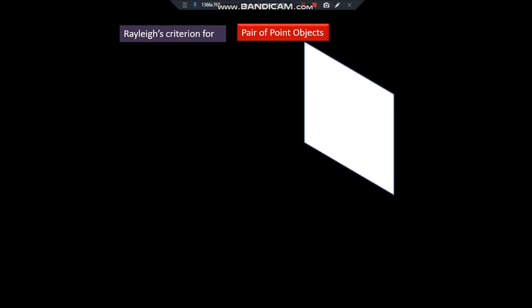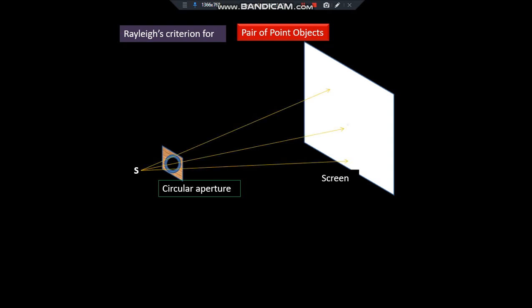Rayleigh's criterion for pair of point objects. Now we have a screen and the source. The rays of light passed through the circular aperture and we should have got a single bright point. But that does not happen. What we see is a disk.